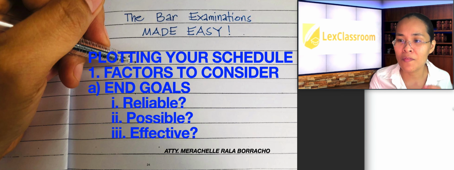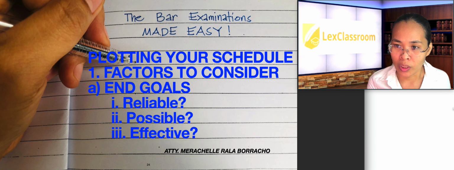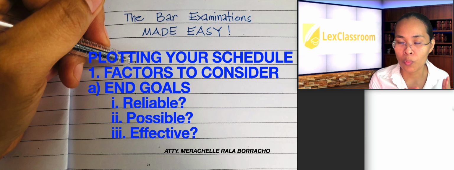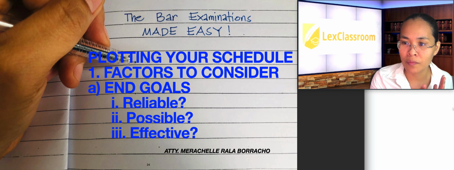Now, is it effective? The effectivity of your schedule is based on the level of comprehension you have and based on the fact that all the subjects during the bar review period will be reviewed, or no subject is left out.